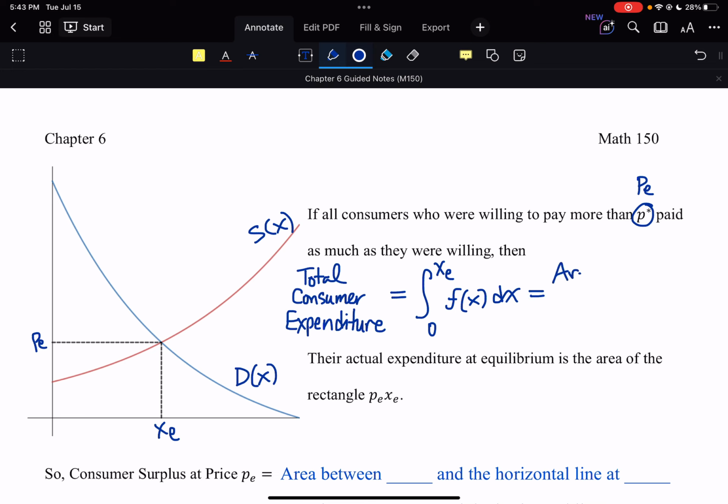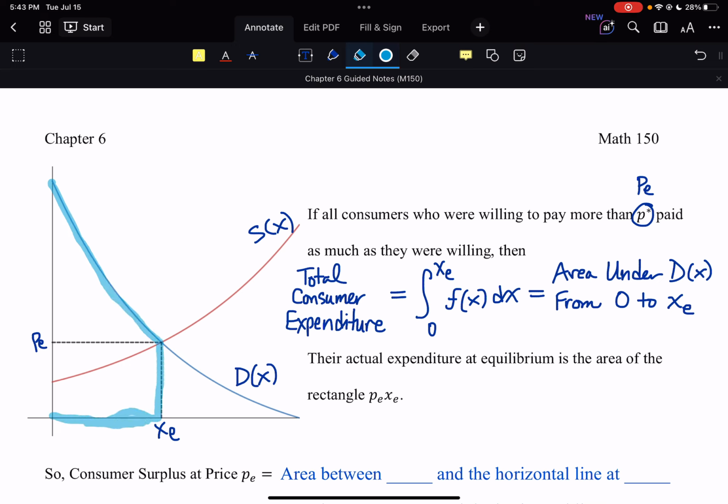So this is the area under demand from 0 to x sub e. Here's our demand curve going down to here.